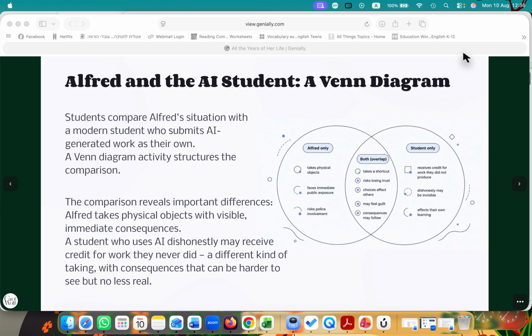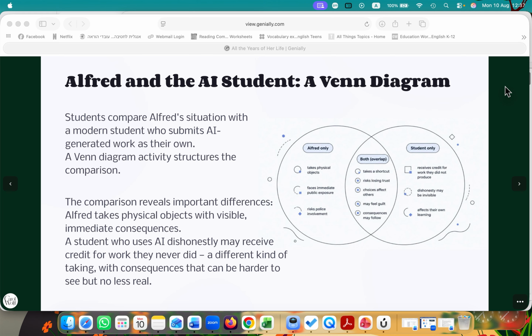Now let's connect this to the story. A Venn diagram helps your class compare Alfred to a student who submits AI-generated work as their own. On Alfred's side, he takes physical objects and faces immediate, visible exposure. On the student side, the student receives credit for work they did not produce, and the dishonesty may remain invisible.